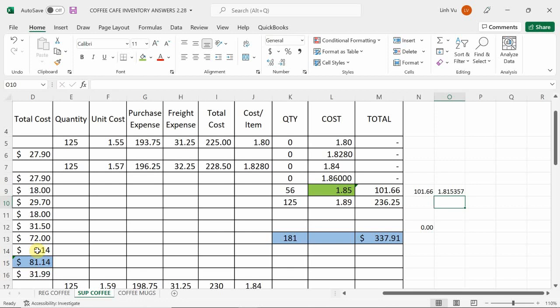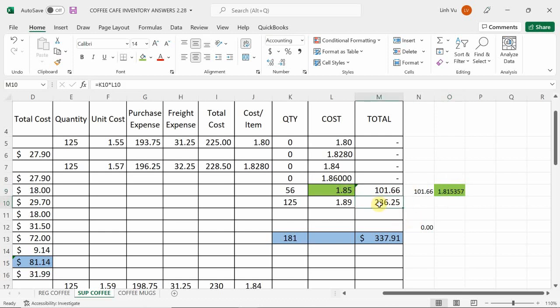And that's the number I'm going to be using from here on out to clear out this batch of inventory. So that's something I need to keep a note of. I'm going to highlight this as well, so I know that my new cost per item is actually $1.8153. That is something I have to keep in mind.